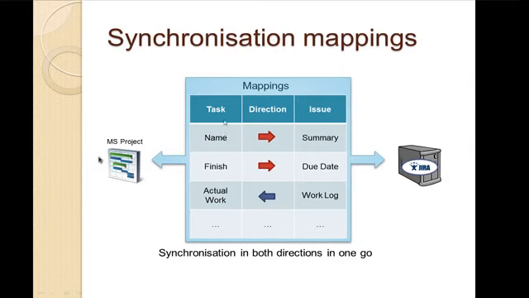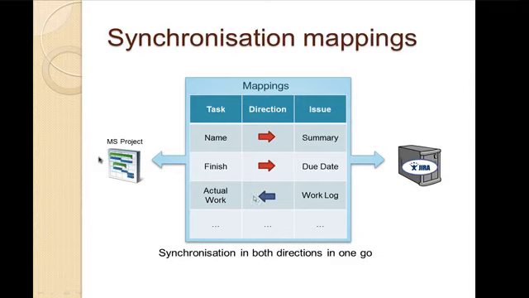It can be either from Microsoft Project to JIRA or from JIRA to Microsoft Project. So here we can see the example where we have the name task field mapped to issue summary, and the direction is from Microsoft Project to JIRA. So when we synchronize the data, by default, the data will be copied from the name field of a task to the summary field of an issue.